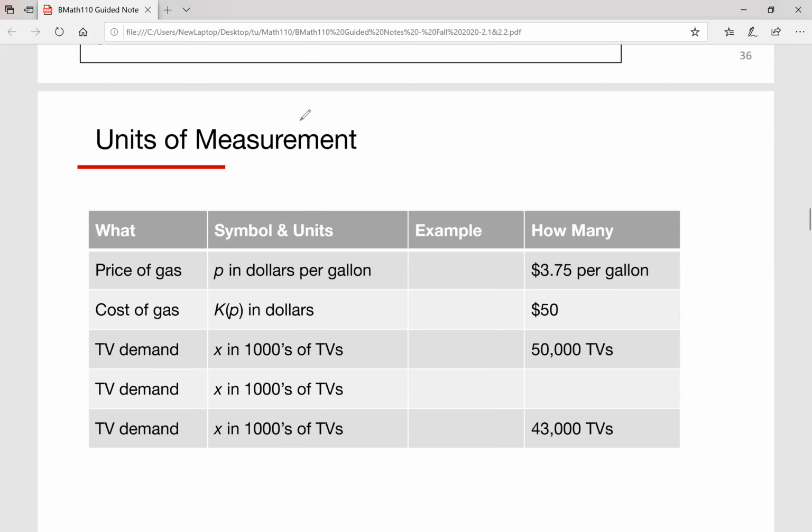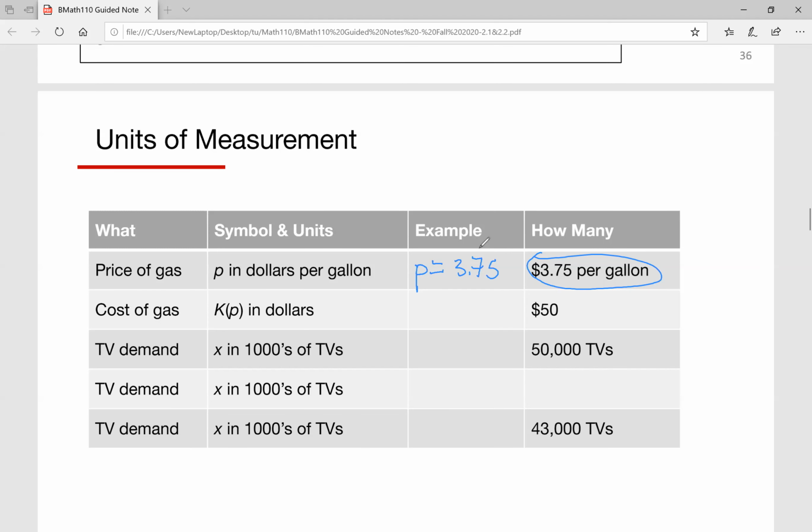Actually, you know what? Because here it says $3.75 per gallon, that means I will have p maybe equal to 3.75. Okay. And the cost of the gas, which is k(p), is in dollars.